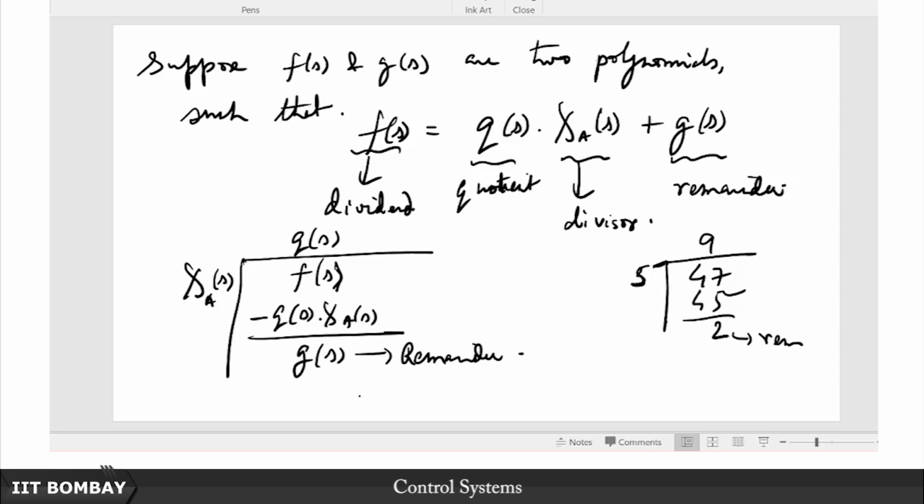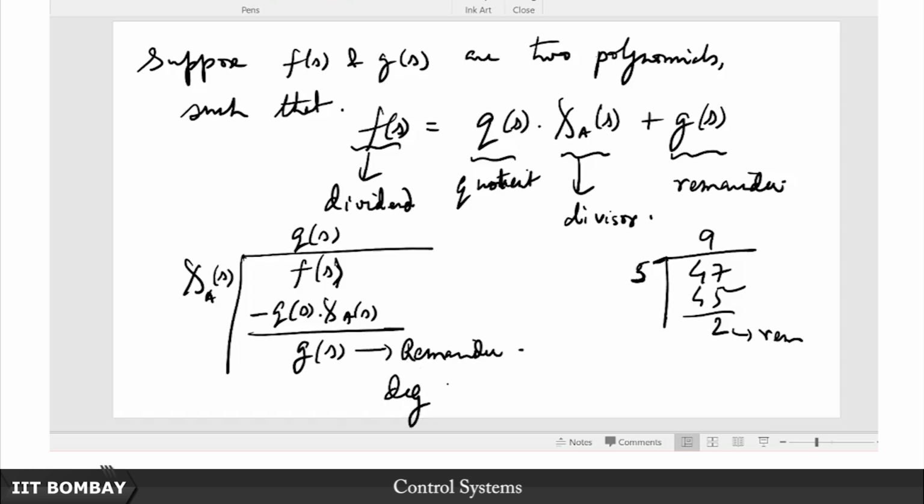So therefore we observe that the degree of this G(s) is strictly less than the degree of this chi A, because of a simple principle, just what you learnt in standard 7 or 8 about the division of polynomials. You keep dividing till the degree of the remainder gets lesser than the degree of the divisor, that is all there is to it. But this will be crucial to us.